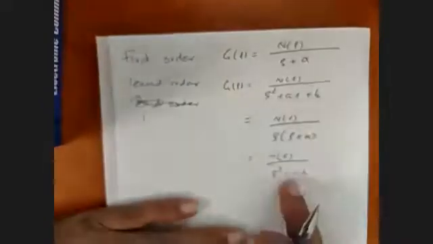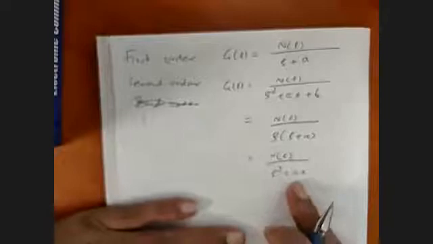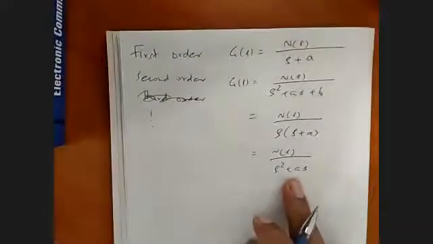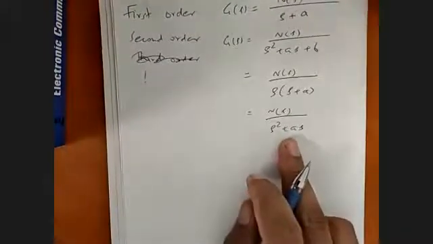That means the order of this function is 2. Second order system. The order of the system defines the order of the polynomial in the denominator, that is, the degree of the denominator polynomial will be known as order of the system.